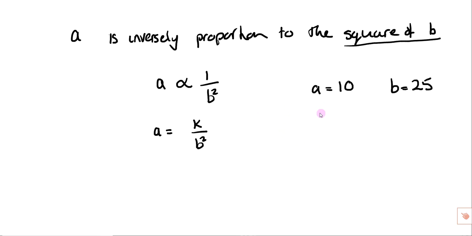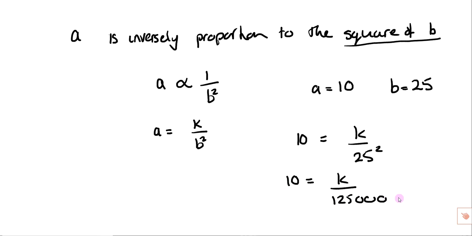So that would mean that 10 equals K over 25, squared. 125? No. 125,000? No, it's 125 on the bottom. No, 25 is not 125.